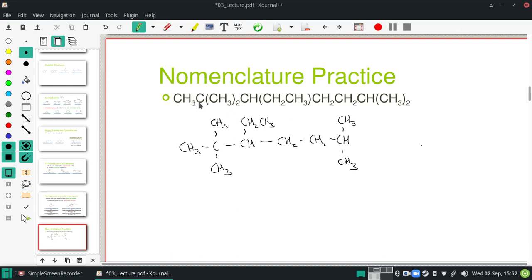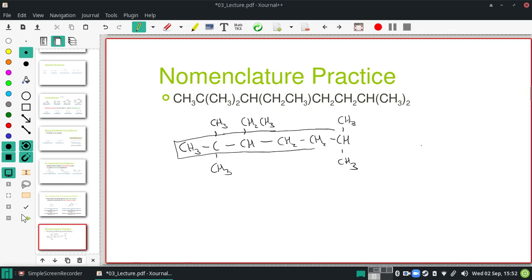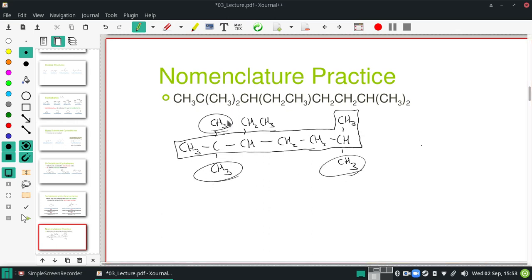And then here to the CH2, CH2, CH, and then I have 2 CH3s, 1 above it, 1 below it. And now I've just turned my condensed structure into something that's probably a little bit easier to see, that backbone. And in this case, I'm just going to go straight across here, because even though this is 1, 2, and that is 1, 2, having this as my end gives me more substituents. And then when I get here, I'm going to go up. So I have 3 different methyl groups and 1 ethyl group. And I have 1, 2 for the backbone, but this one has more than one substituent.